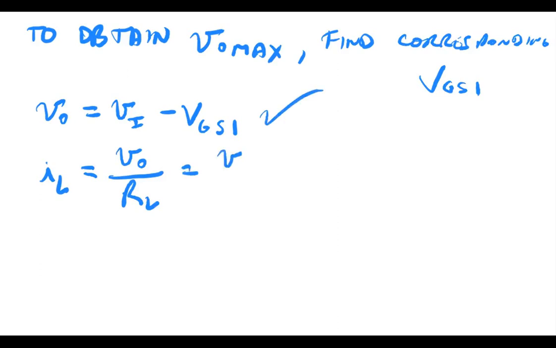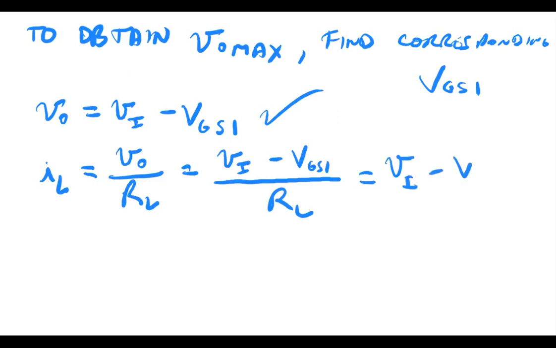That's going to be the input minus VGS1 over RL, which gives me VI minus VGS1. So IL, the load current, is 3.